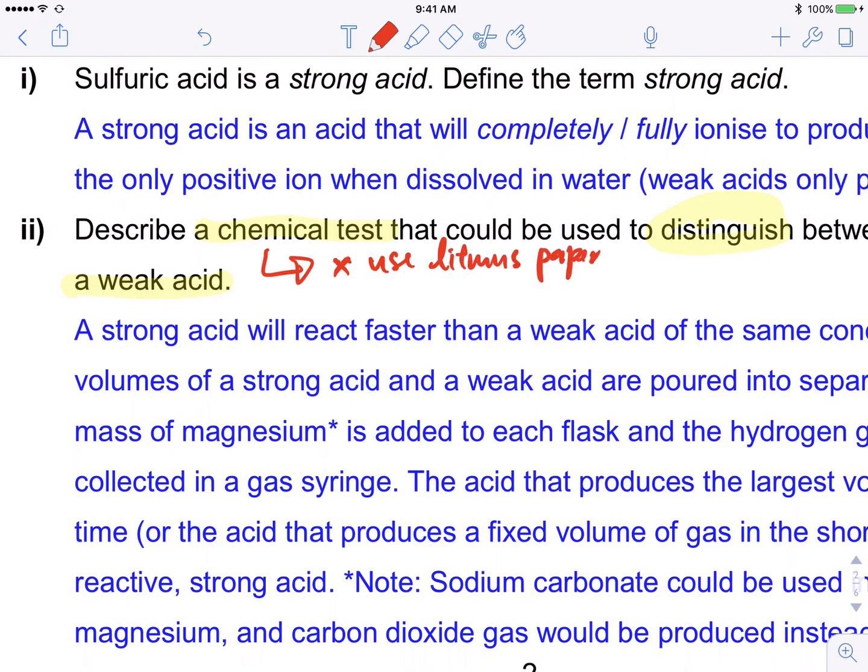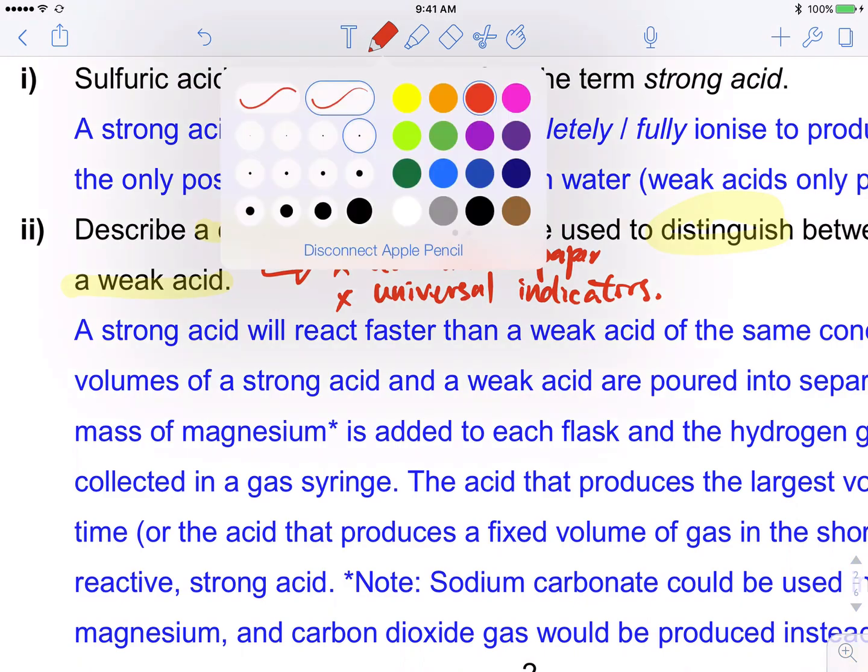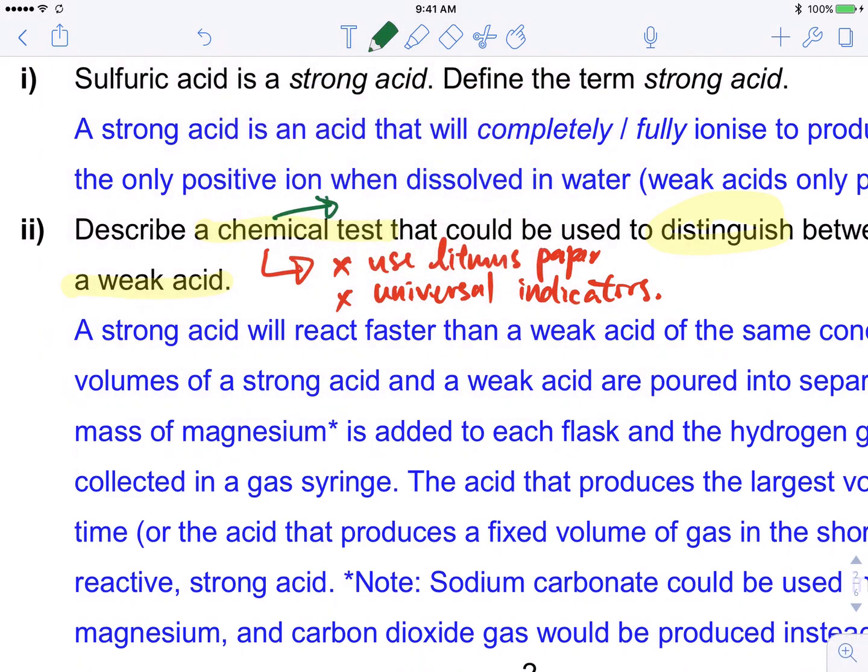I had some technical difficulties. Let me continue. So we cannot use litmus paper. We also cannot use universal indicator. A chemical test requires you to use a chemical reaction.